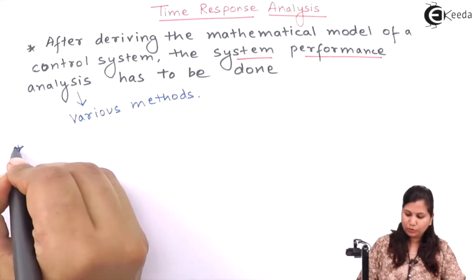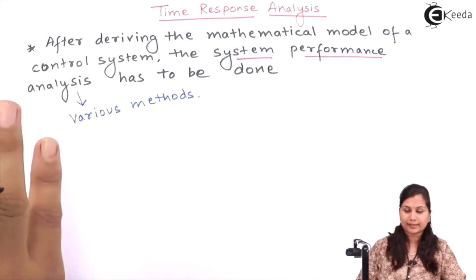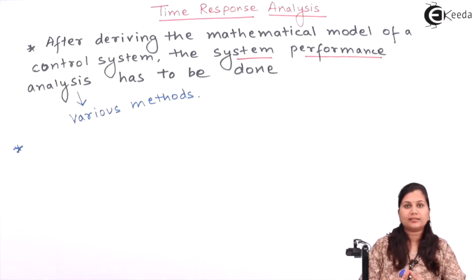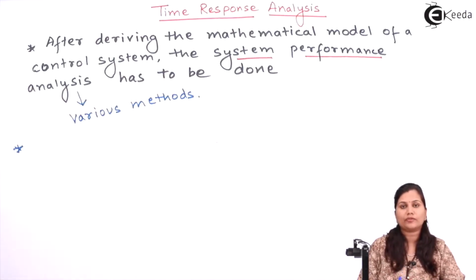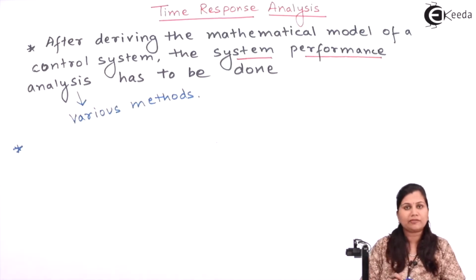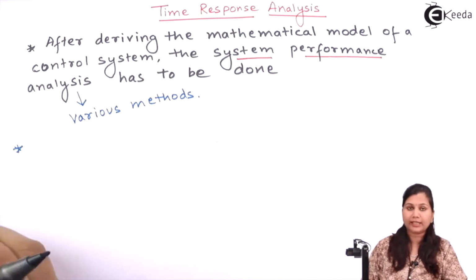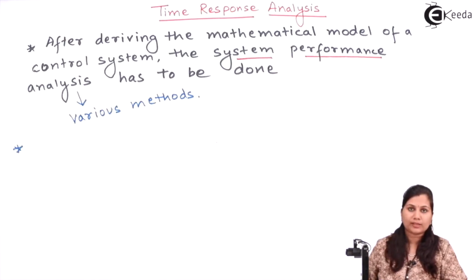In this performance analysis, we will study some specifications of the system, or some performance criteria. We will study the system stability, the accuracy of the system, and how many oscillations are produced in the system. These are the specifications which we will study for the various control systems.